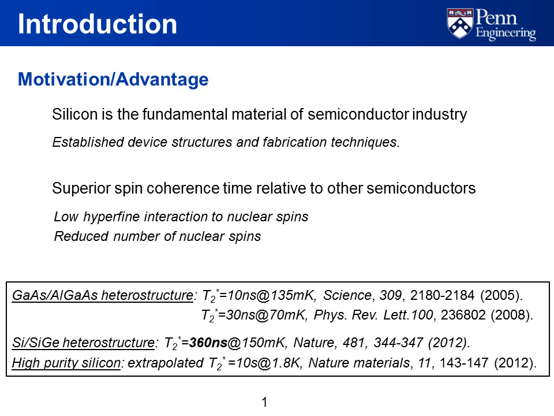As shown in this box, compared with its major competitor gallium arsenide, which has tens of nanoseconds coherence time, silicon germanium heterostructure has hundreds of nanoseconds as reported in 2012, and it can achieve even longer coherence if high purity silicon is used, which has an amazing coherence time of 10 seconds.